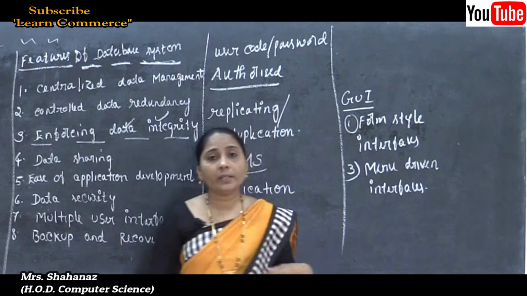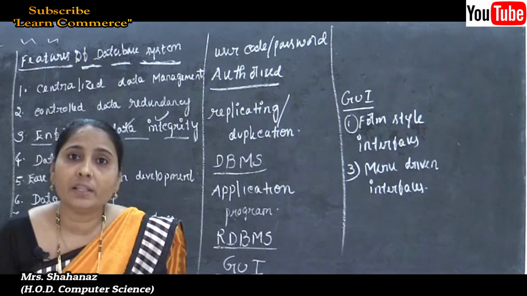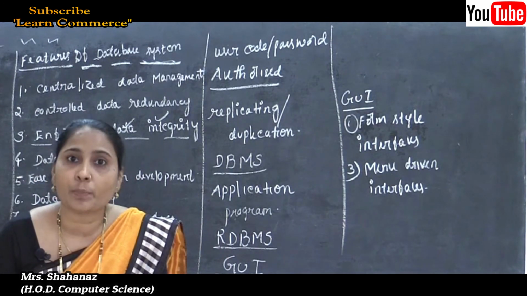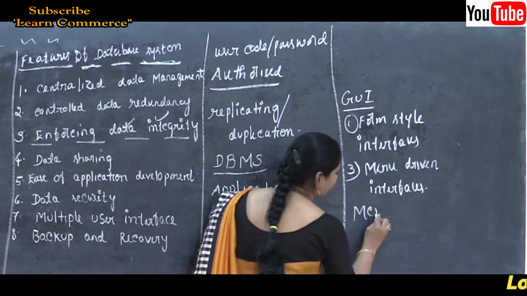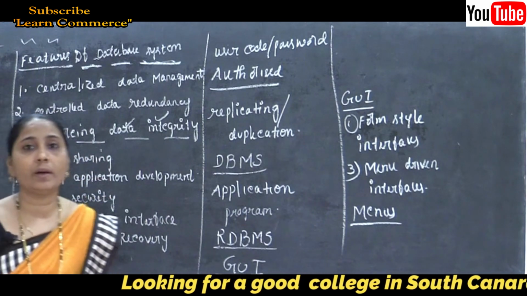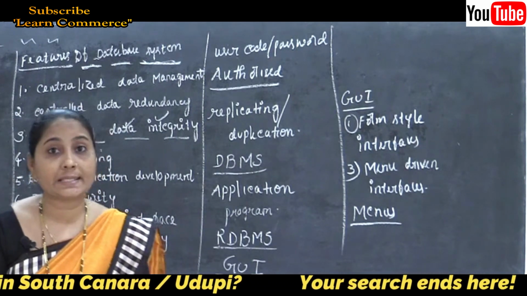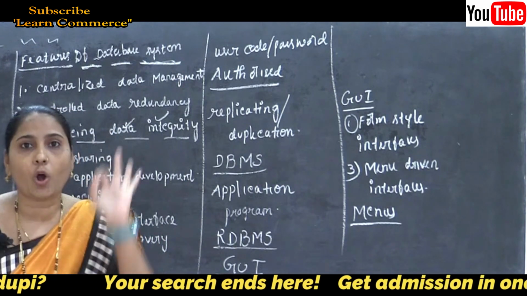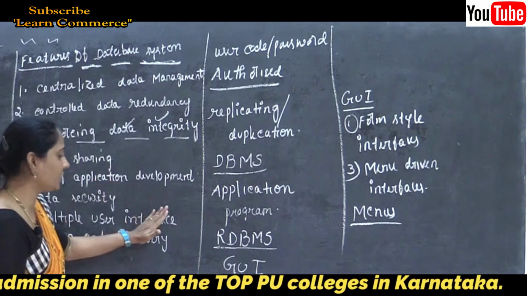In this case, the user interaction is possible through menus. Just by clicking, like in Microsoft Word, whatever menu you want, you can select it using the click option. That is how it works in our multiple user interfaces.